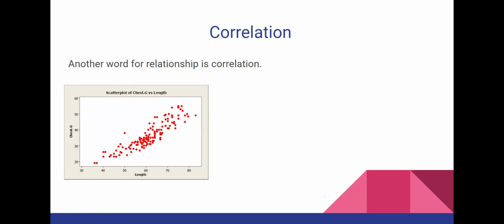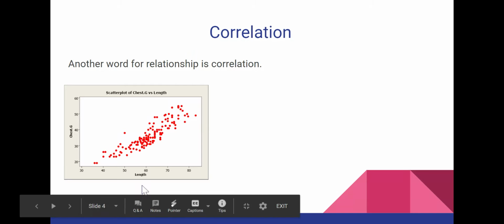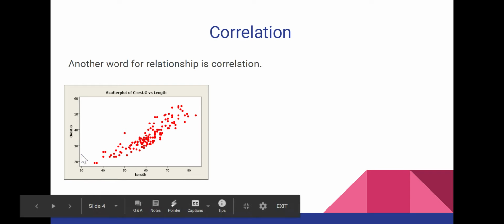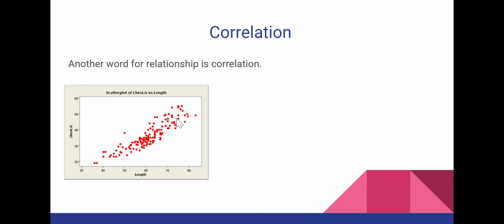And that's what this graph talks about, the length and the chest. Is there a relationship between the length and chest? I can tell there is a weak one because the dots are scattered, but there is a trend, so it is linear, and it is positive because it's going up.